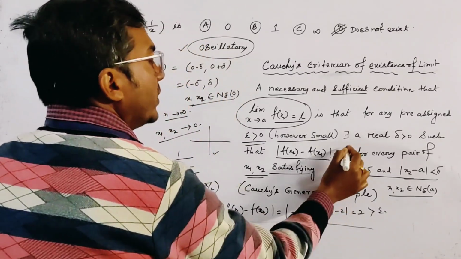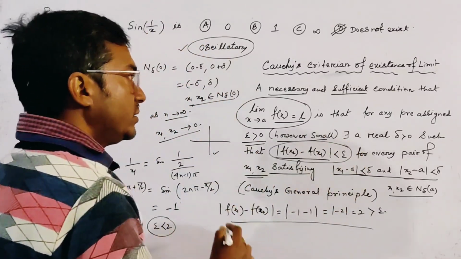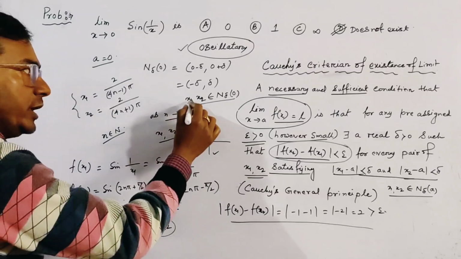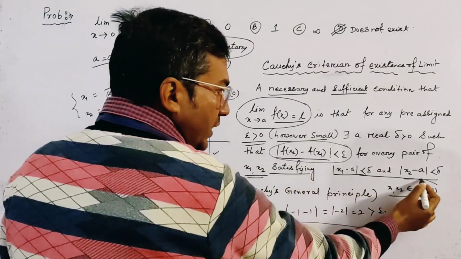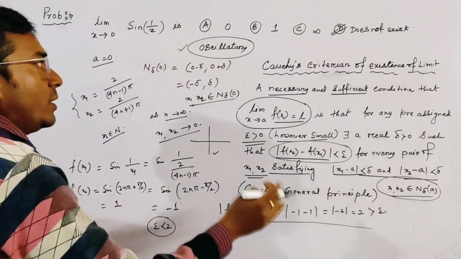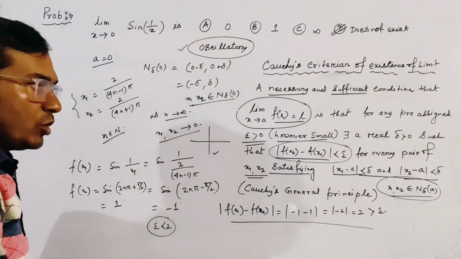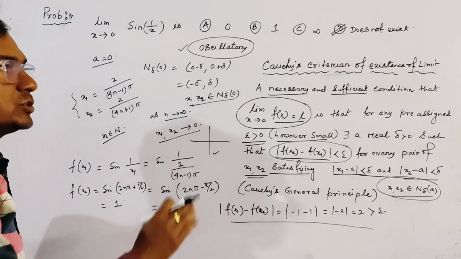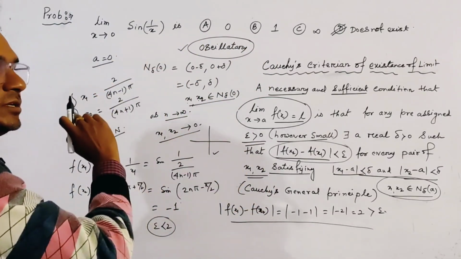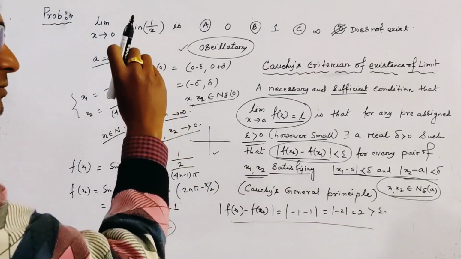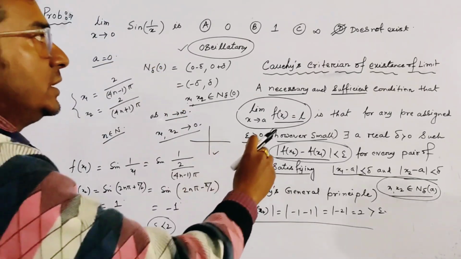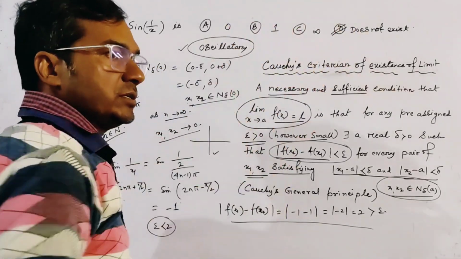So the condition is not satisfied by these two points, even though they belong to the delta neighborhood of 0. So Cauchy's criterion, or general principle, is not satisfied by the function. Our answer is that the limit does not exist.